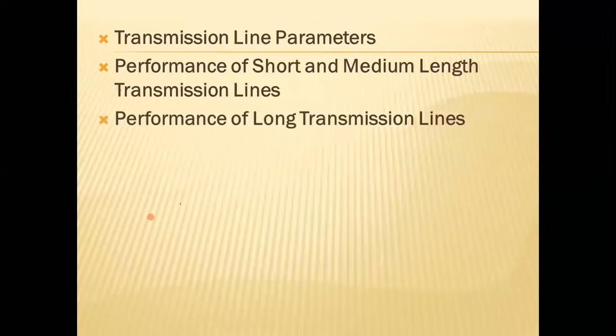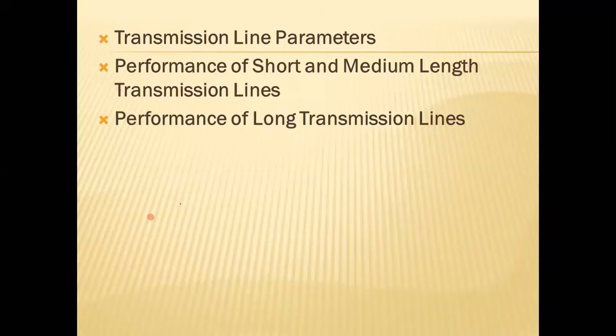Then the performance of the long transmission line. Long lines cannot be modeled as we model short and medium lines. Long lines will be evaluated by using rigorous line calculations. Using rigorous line calculations, we'll be estimating the ABCD constants.